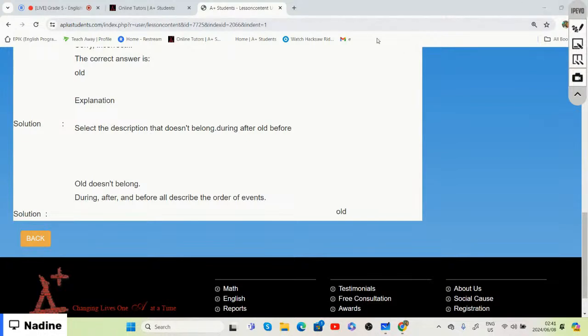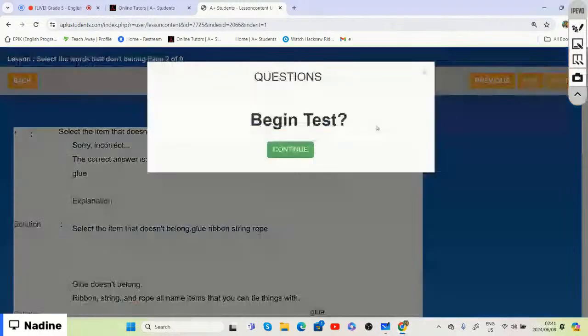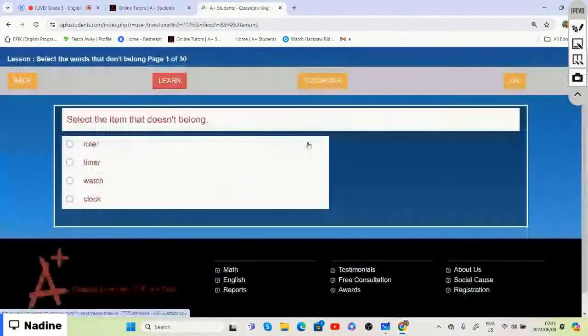All right. So now we're going to our test where we're going to select the words that don't belong. So we're basically just going to select the names that don't belong again. Select the items that don't belong within that group. We have ruler, timer, watch, and clock. Which one does not belong?